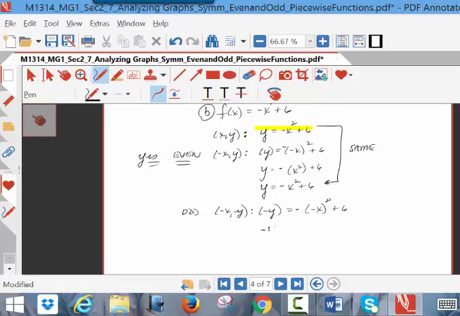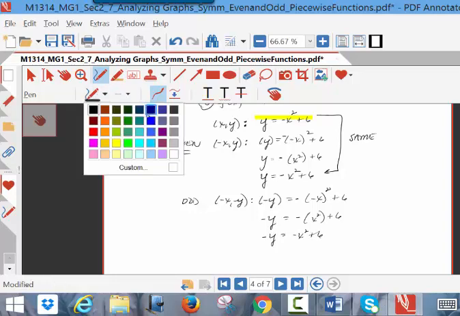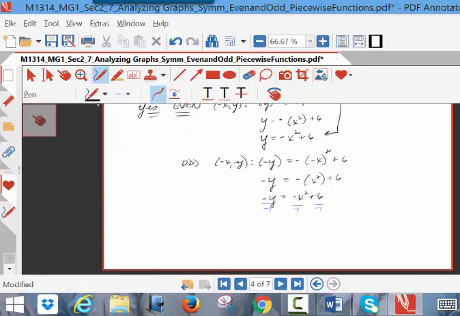Okay, so this is negative y equaling a negative. Well, a negative 1 squared is positive. So this becomes negative y equaling a negative x squared plus 6. But I've got to get the negative off of the y. So here's where I divide everything by negative 1. And so I have y equaling a positive x squared minus 6.